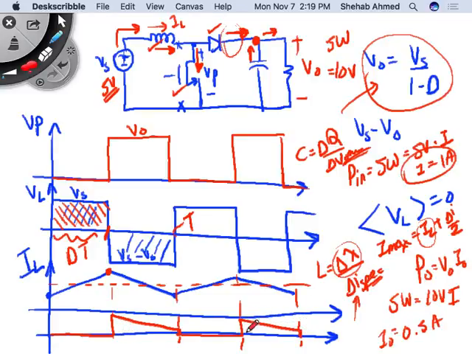This is my I diode. Is that without the DC offset in the current? I said this is the diode current, I didn't say the capacitor yet. No. Let me erase and draw it bigger. Okay, sorry.